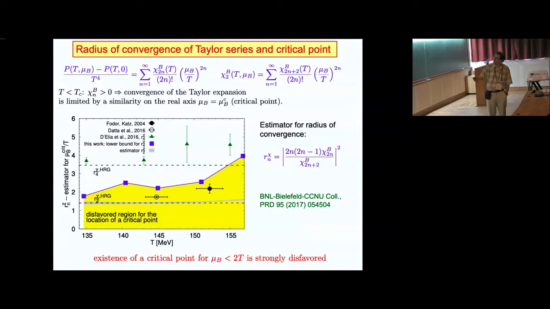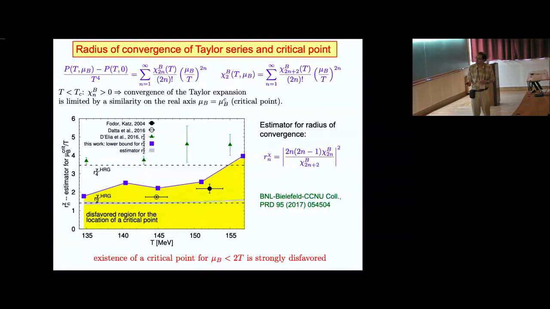That's a function of the temperature, and essentially that is the radius of convergence, which would give you an estimate of mu_B critical. And everything below this blue line is where you see apparent convergence. So this yellow region below the blue line is a region where the location of the critical point is disfavored, because in this region you know that the Taylor expansion converges.